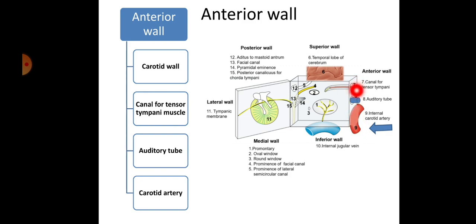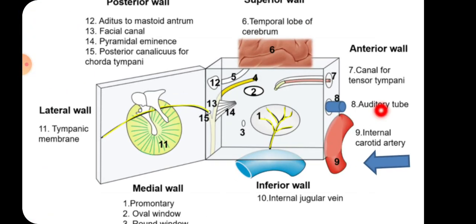In the upper part, there are two openings. In the superior part of this anterior wall, there is one canal through which the tensor tympani muscle passes. That is called the canal for the tensor tympani. After that, there is another hole. This hole communicates with the nasopharynx from the middle ear, so the middle ear is connecting anteriorly through this tube to the nasopharynx.